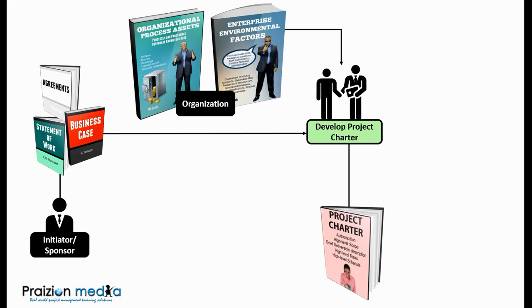Okay, I know what it is, but the big question is, what do I do with it? The project charter, as I said in the previous video, is authorization for the project manager to apply resources, is authorization for the project or phase, is high-level scope, is a container for that deliverable description, for the high-level risks, for the high-level milestone schedule.